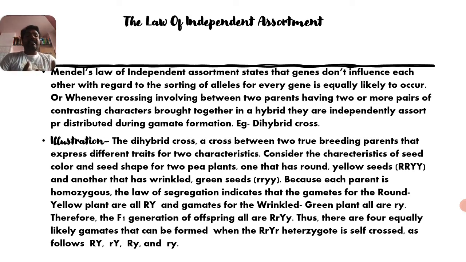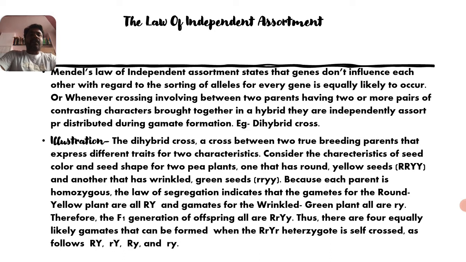Out of these, he took 2 pairs, seed color and seed shape, of the pea for 2 pea plants. One has round yellow seeds, which represents the genotype capital RR and capital YY.